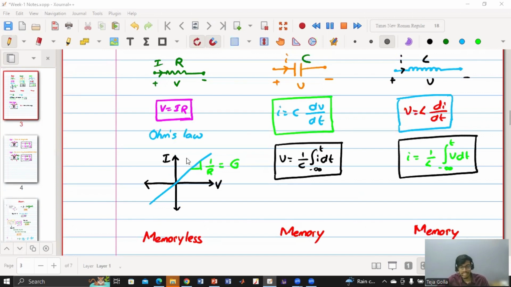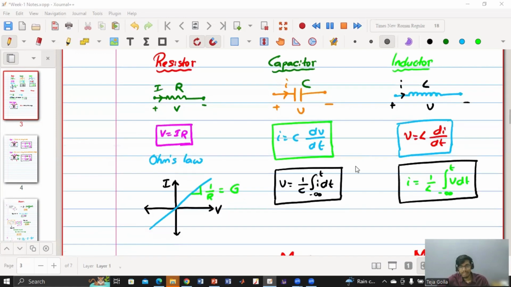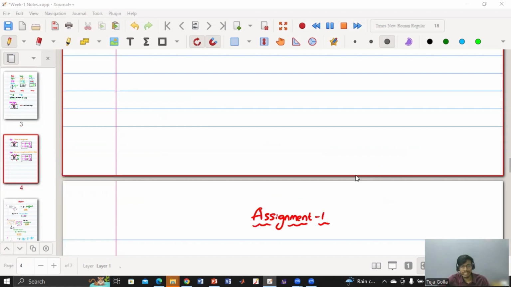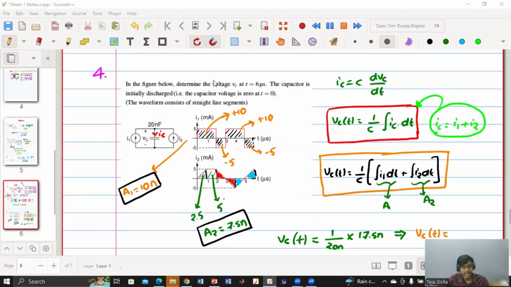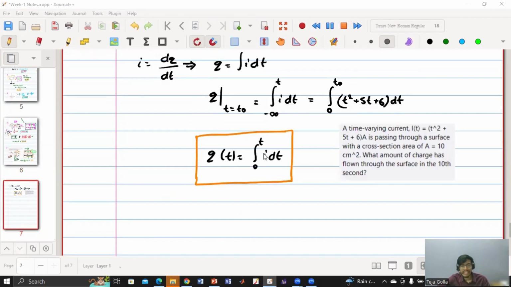In the case of resistor, it is the instantaneous value of the current. But in these elements which have memory, even if you want the instantaneous value at that particular point, say here they have asked voltage at t equals to 6, but we know that voltage is dependent on the past value of current. So that's why we have calculated the area under the curve. Similarly here, charge is the integration of the current with respect to time, and current is also changing.